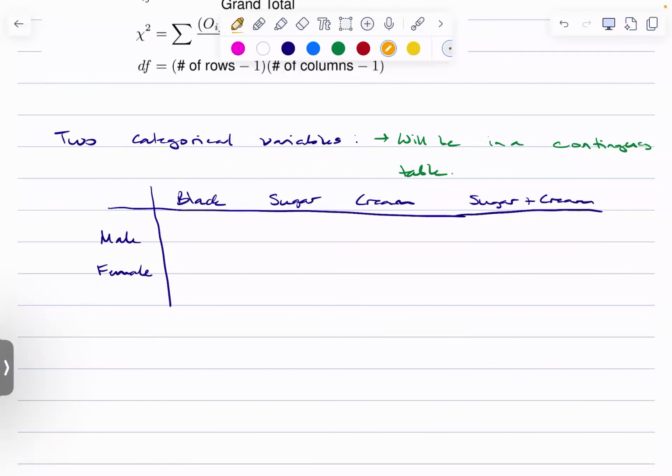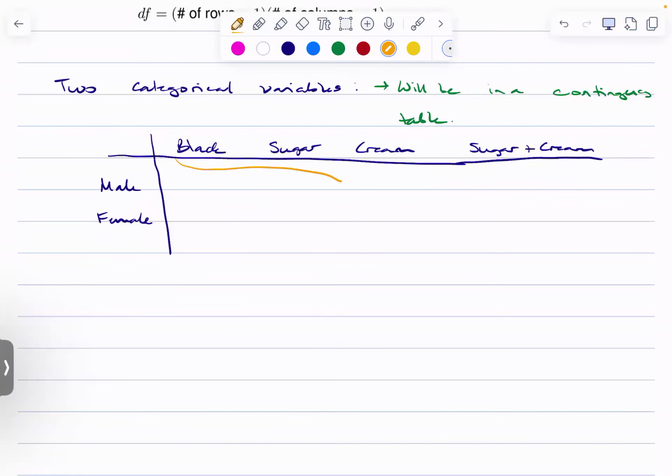We have a variable here, but we also have a variable here.